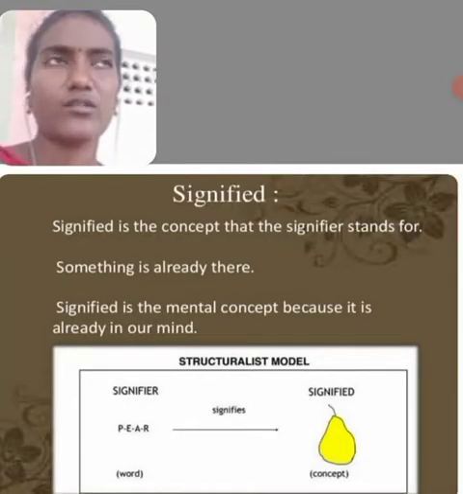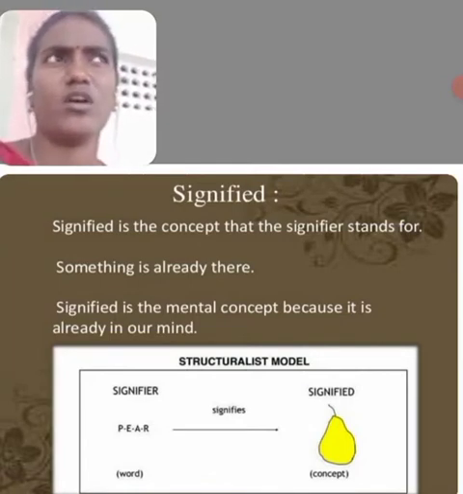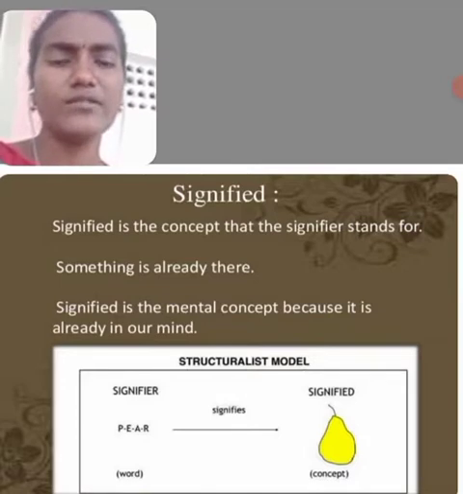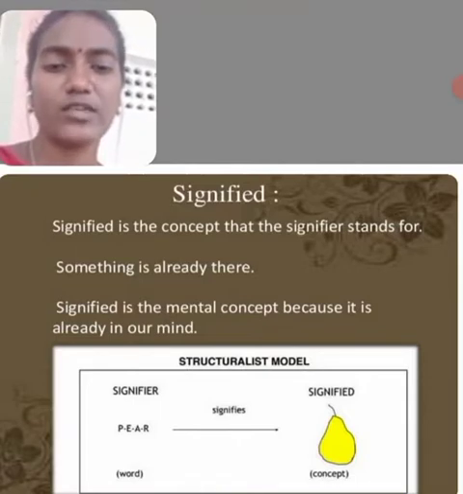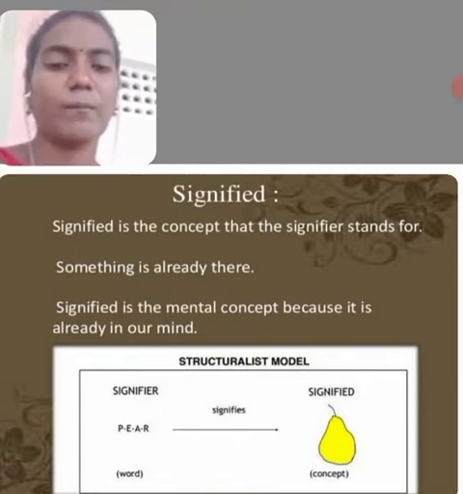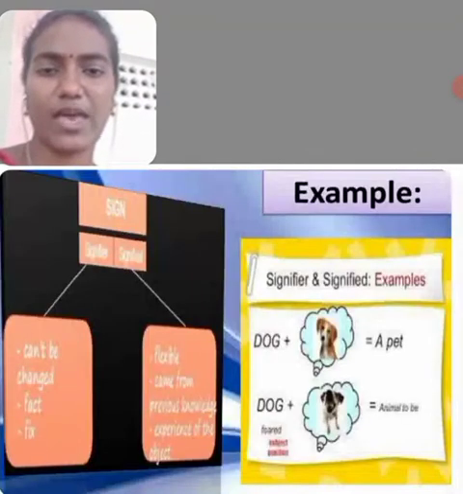Here, pear is a fruit. The concept is the yellow colored or green colored fruit, but the signifier is the word PEAR, a word used to specify the fruit pear. So, the fundamental elements of structuralism are arbitrary, relational, and systematic.